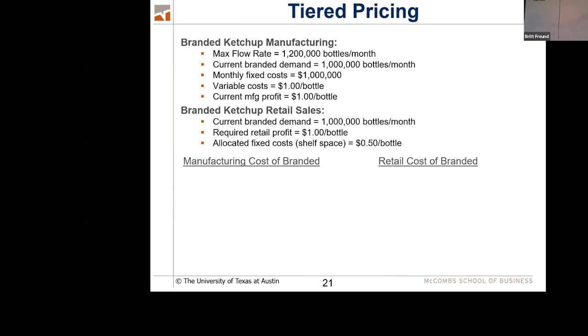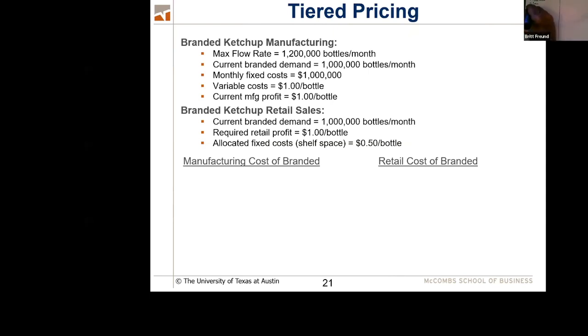And some other pieces of information about the Hunt's factory. On a monthly basis, its fixed costs are $1 million. So this factory has to have $1 million a month just to keep its doors open. Those are all the capital costs, the labor cost, all the fixed costs, any debt service, all of the stuff that we require to keep our door open.